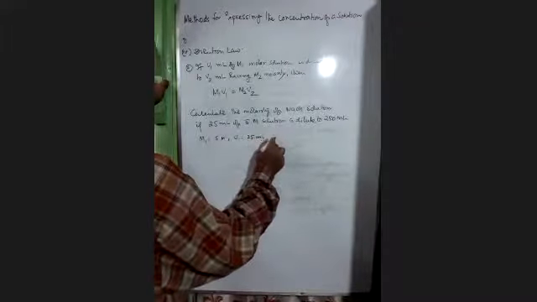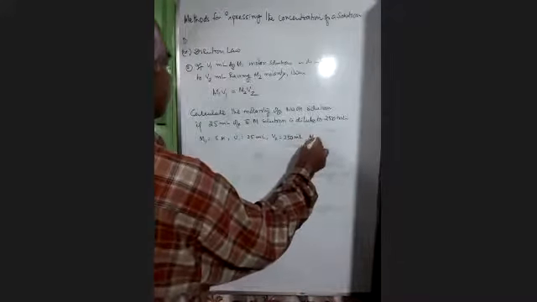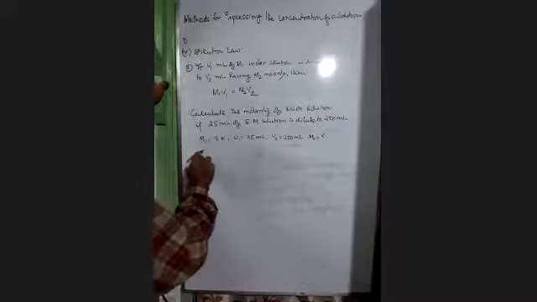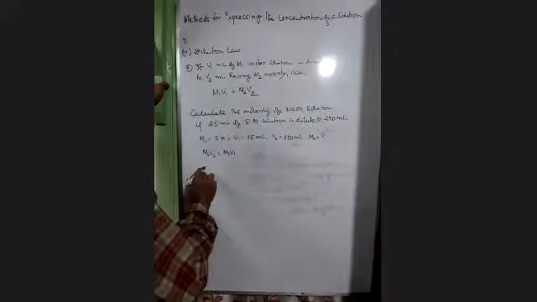How come you get like this? See here. M1 is 5. V1 is 25 ml. V2 is 250 ml. M2 you are supposed to find. Okay, I'll write like this. M2 V2 is equal to M1 V1. Anything which we want to calculate, we keep it on the left hand side, right?